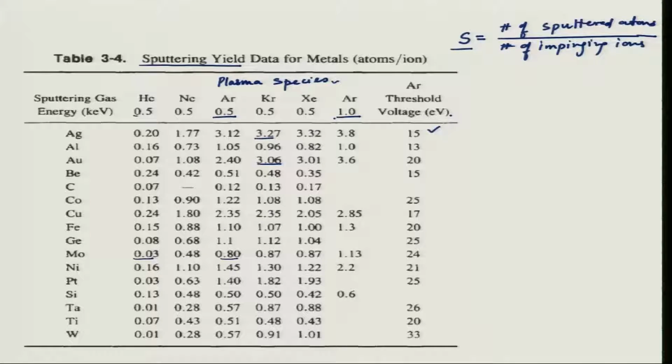And you can see that sputtering yields for different metals in the same sputtering gas vary on a large scale. So, we should also keep in mind that sputtering yield for different elements is different.